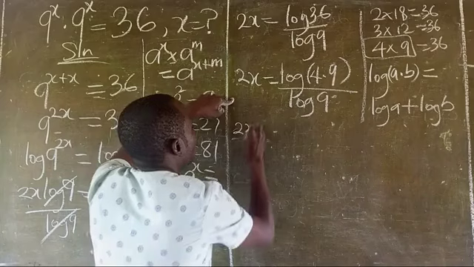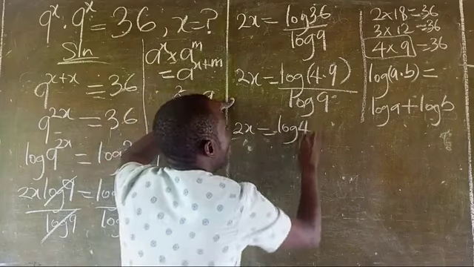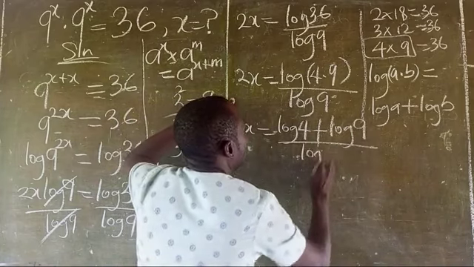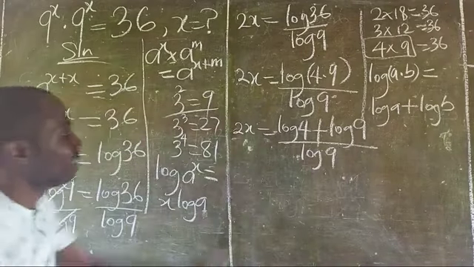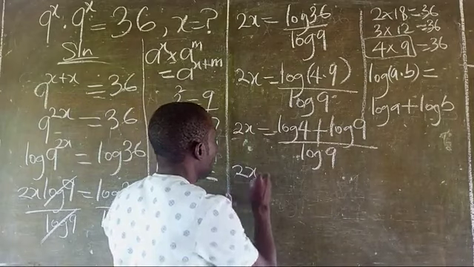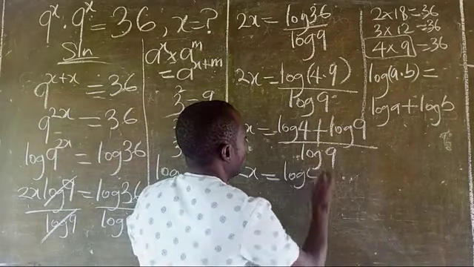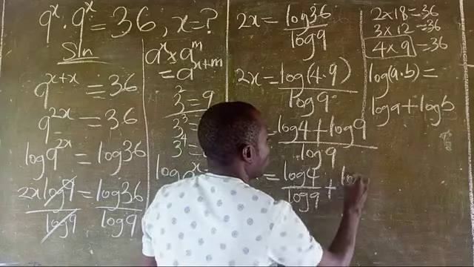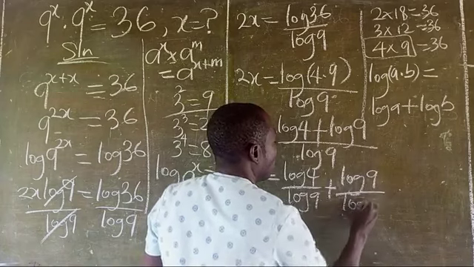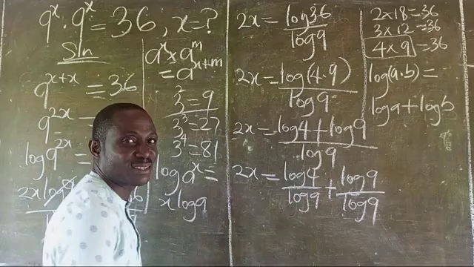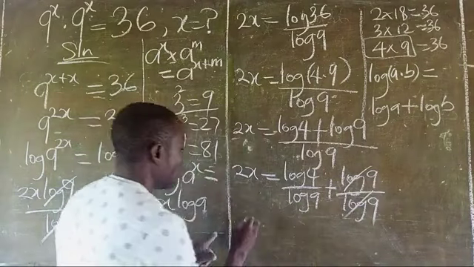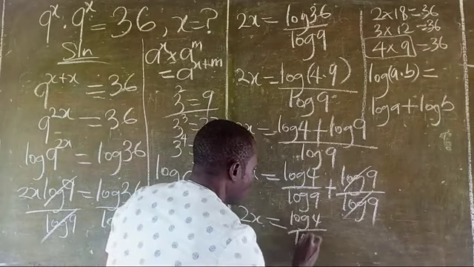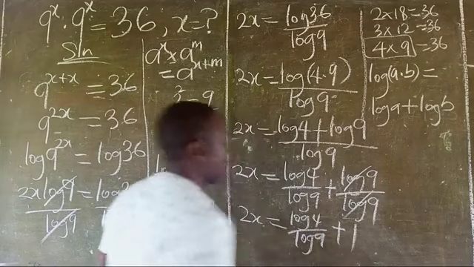It becomes 2x equals log 4 plus log 9 all over log 9. And this thing can be written as 2x equals log 4 over log 9 plus log 9 over log 9. Yeah, and this is correct. So you cancel out log 9. So 2x therefore is equal to log 4 over log 9 plus 1.